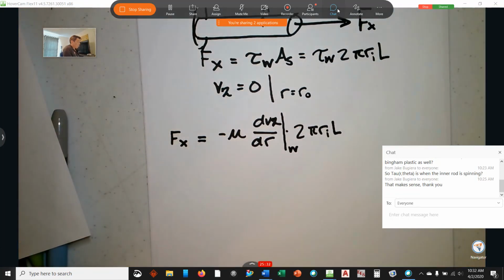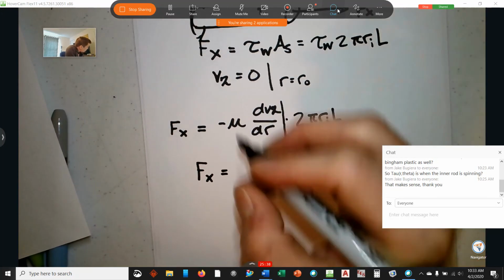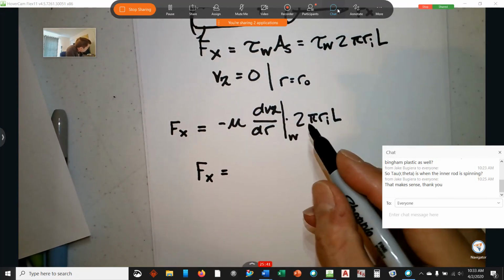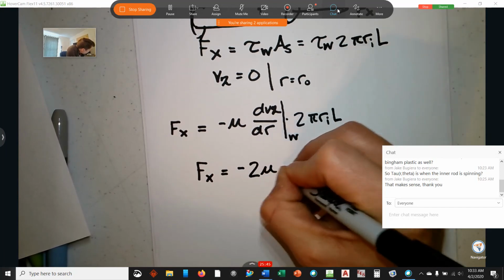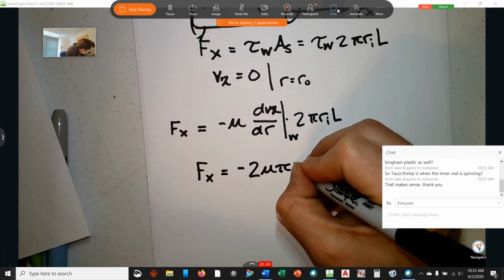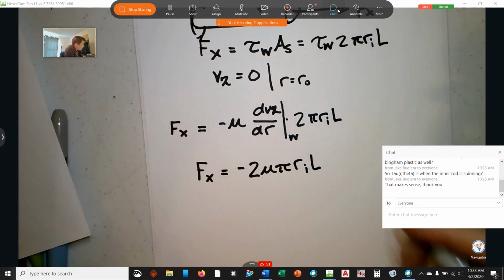So evaluated at Ri, because we know this is C1 over r. So this boundary condition can become Fz equals, let's move this stuff out front here, 2 mu pi Ri L times dVz/dr, which is C1.